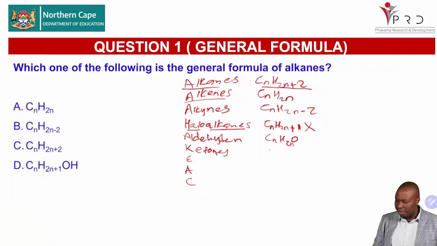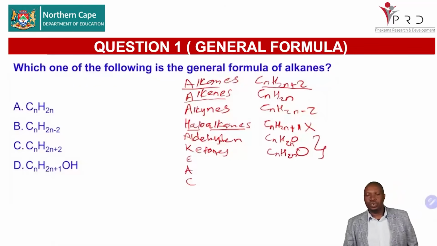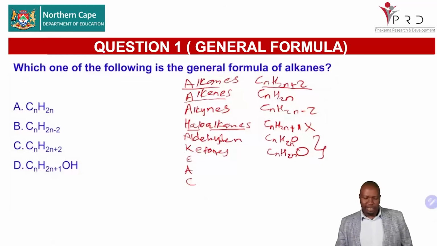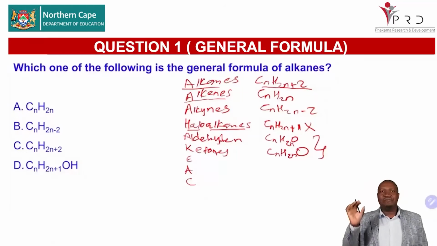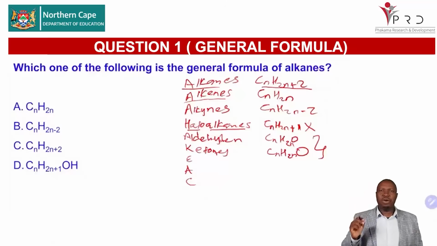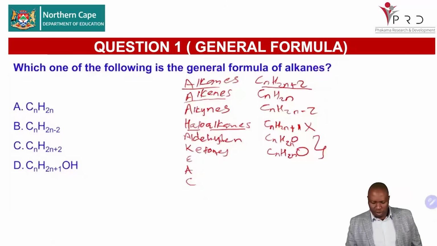Don't forget the n there. So you can see that the general formula for aldehydes and ketones is the same. Definitely a message to yourself. Hence, we are saying aldehydes and ketones are functional isomers. As long as they have the same molecular formula, they will definitely be functional isomers.